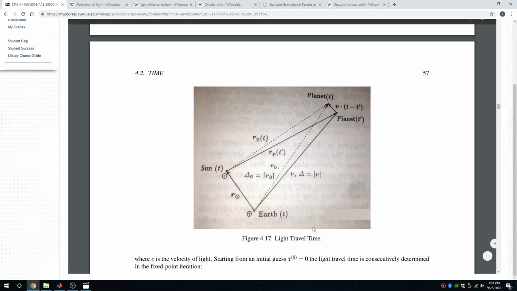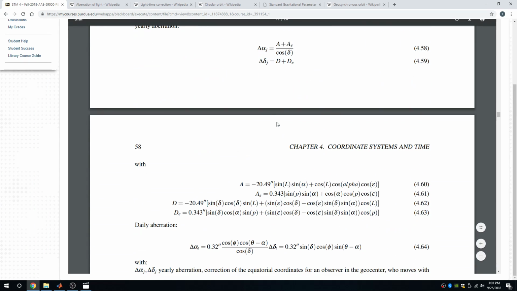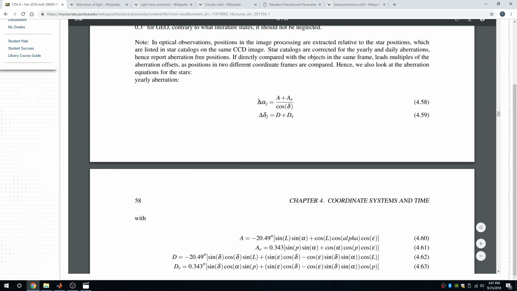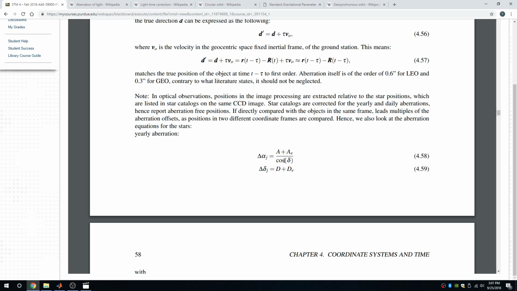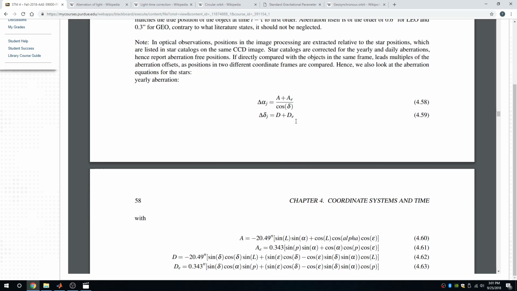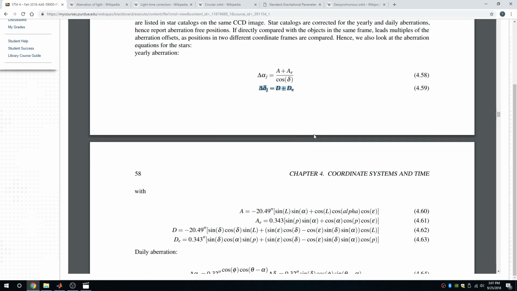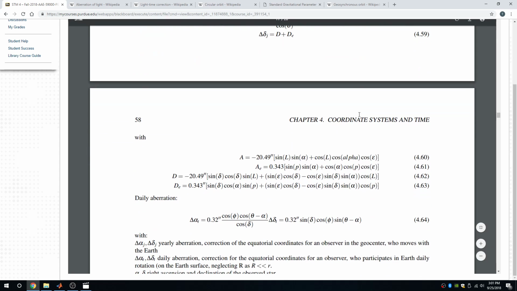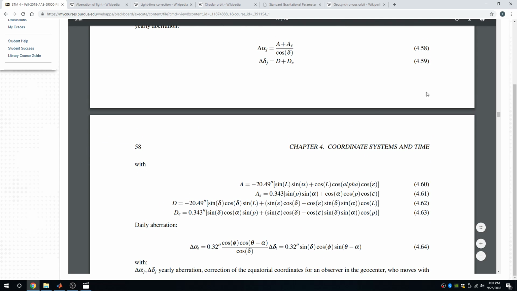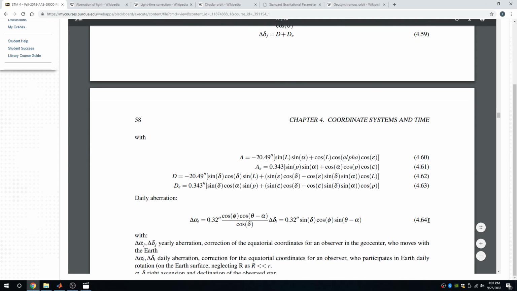Because of this, as described in the end of the notes, when observing distant stars, you have to take into account also the velocity of the observer on Earth. So there is an annual correction and a daily correction due to aberration that need to be applied to your star observations, and this is taken into account with equations 4.58 to 4.64.